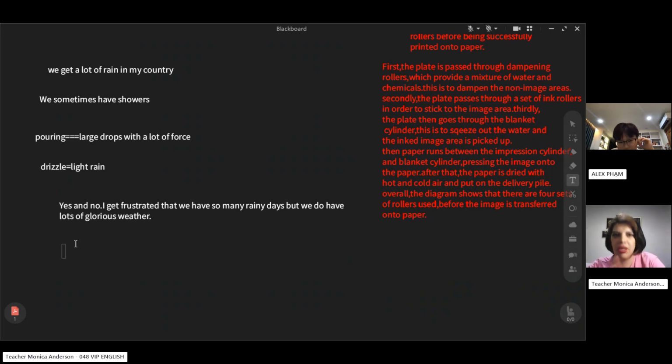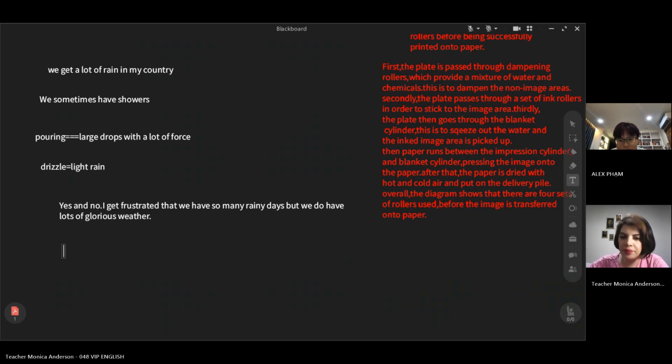Okay. Because in the south we're near the equator line, so it's usually just hot and hot all the time. But when you come up to the north, it actually has four seasons like many countries over the world.